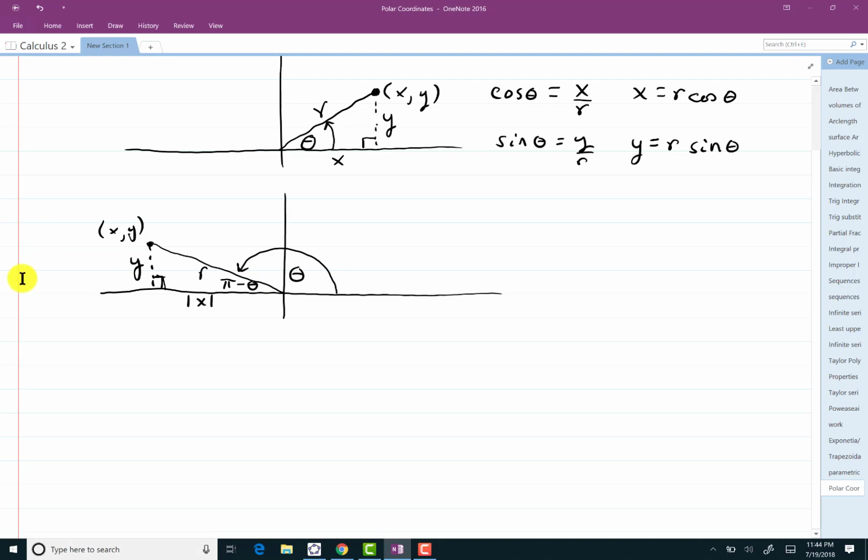So let me do the same things I did before. I'll start with cosine. Cosine of pi minus theta equals adjacent over hypotenuse. So that's the absolute value of x over r.